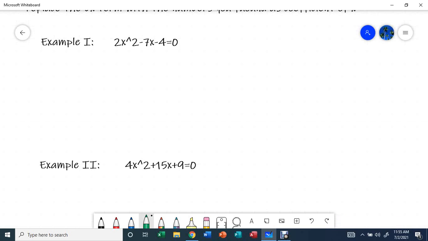In this example, 2x squared minus 7x minus 4 equals 0. So a is 2, b is negative 7, and c is negative 4. Go ahead and multiply a by c, so that's 2 times negative 4, which gives me negative 8.